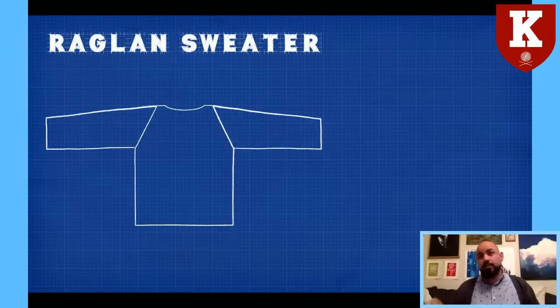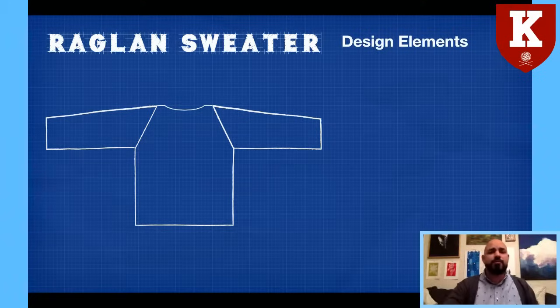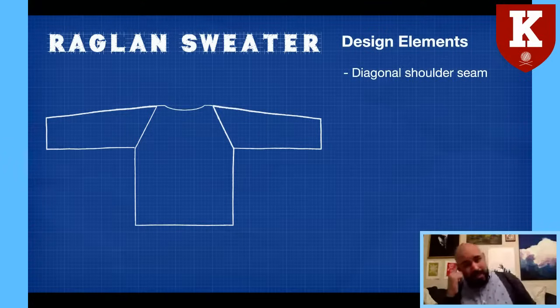All right, next up we have the Raglan Sweater, and this is one of my favorite types of sweaters. This is one of the first kinds of sweaters that I actually finished, and I think that it's a really great first sweater for most knitters, and I'll share why as we go along. The defining characteristic of the Raglan sweater is that it has this diagonal shoulder seam. An interesting fact, I don't remember the person this was designed for, but it was an Army officer, kind of higher up, and he lost an arm.